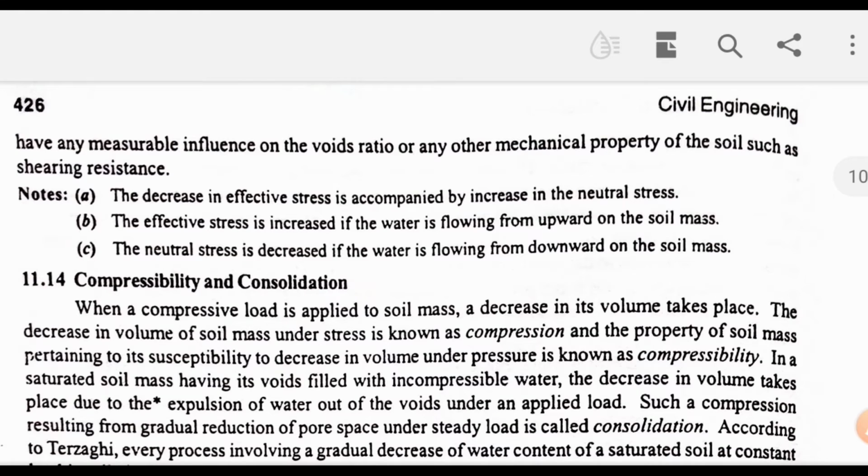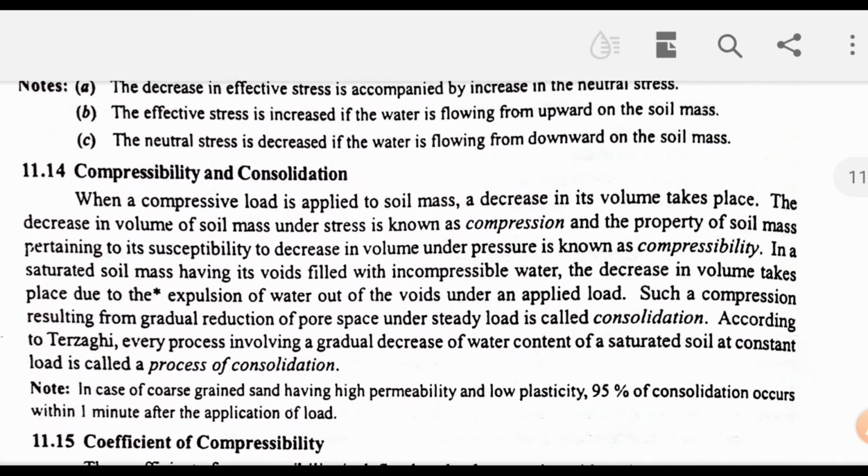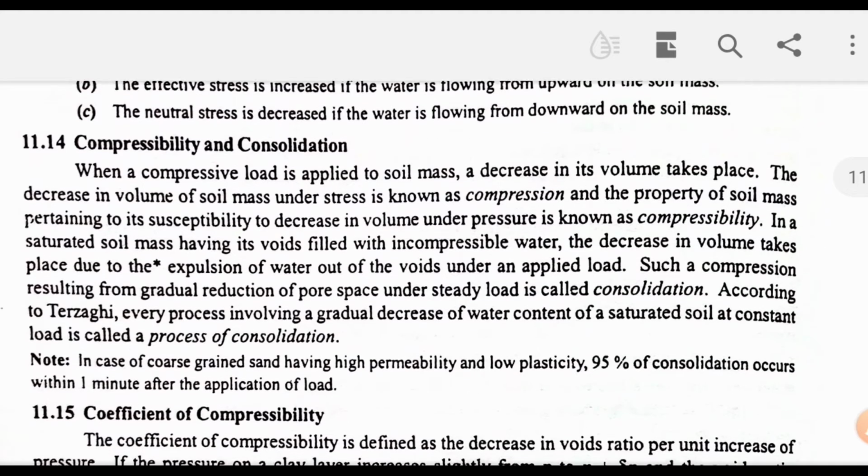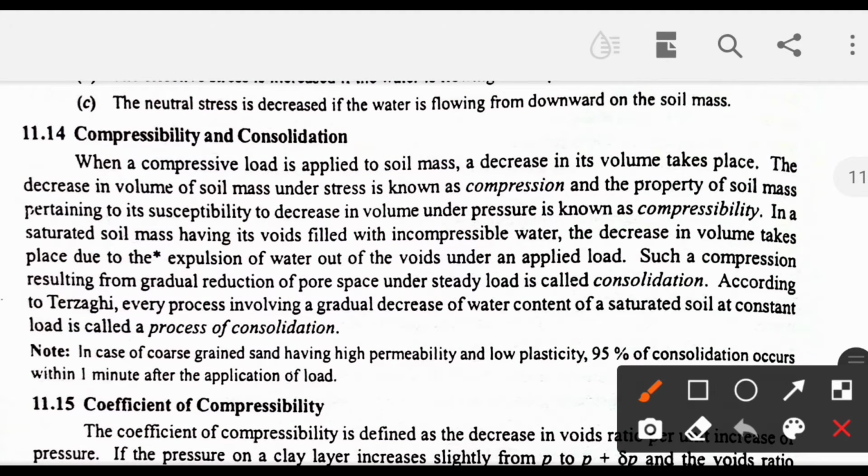Compressibility and consolidation. देखिए, when a compressive load is applied to soil mass, a decrease in its volume takes place.